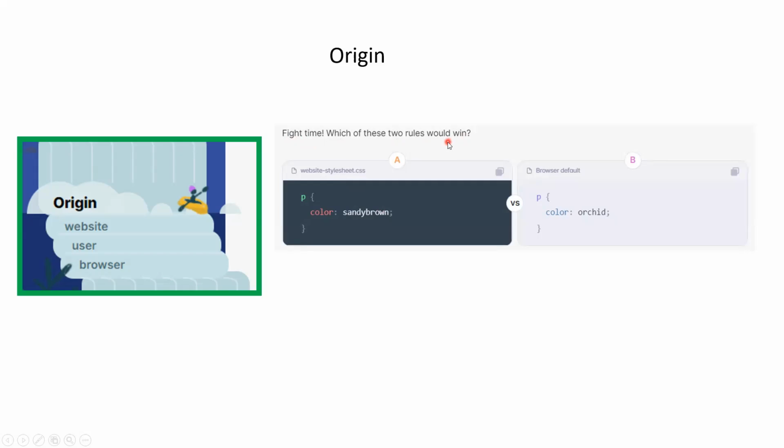You have to decide. We have option A, a rule defined in a website style sheet, and this other rule in option B defined in a browser default. Which of those will win?